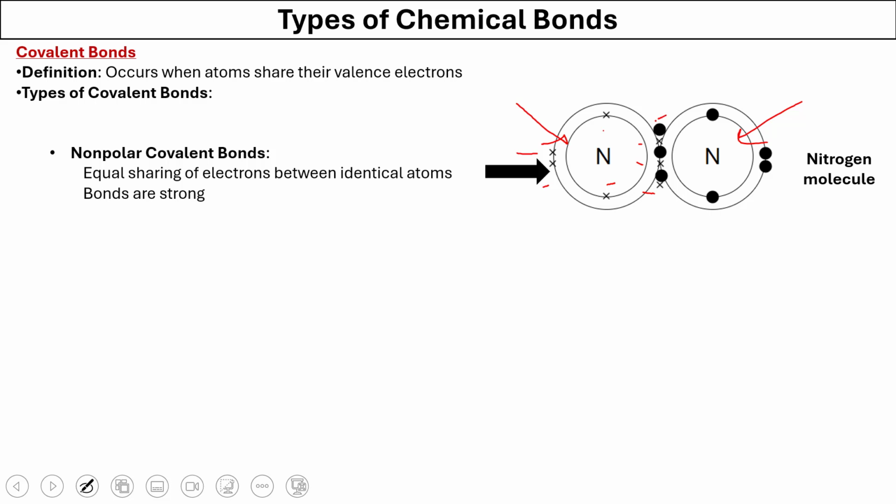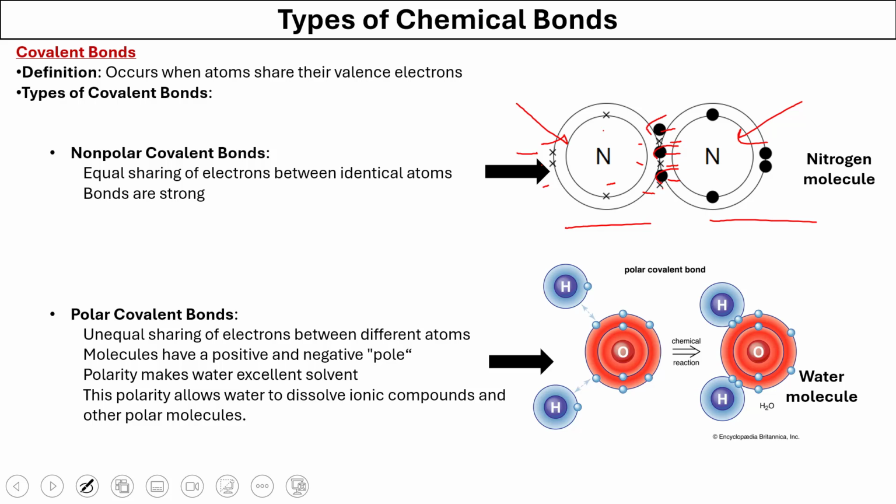So it takes 3 from the other one, and how many will be there? 1, 2, 3, 4, 5, 6, 7, 8. So both these atoms will end up having 8 electrons in their outermost shell after sharing 3 electrons with each other. But since both the participants are the same, they will make a non-polar covalent bond.